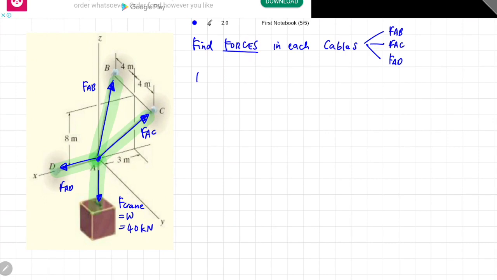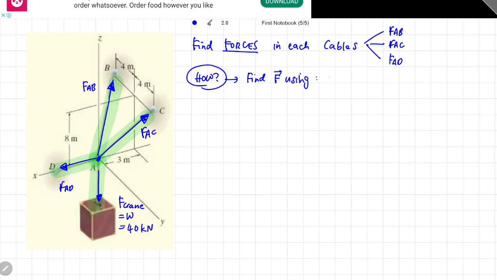The big question now is how do we get the forces of all the cables in this 3D system? So let's look at this system carefully. Kita boleh tahu coordinate B, C and D. So probably we can find the position vector, and then later on we can find the vector of the forces using the unit vector punya relationship. Remember, recall from chapter 2 punya lecture.